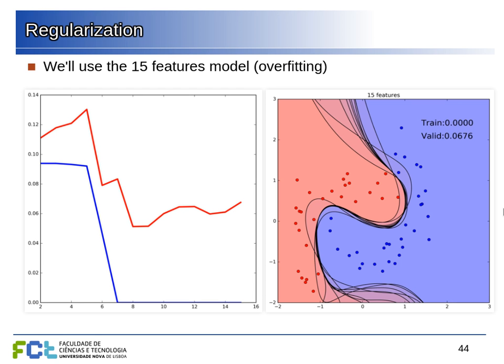So we're going to choose here the 15 features example that we had from before. This has a lot of overfitting, but you see you have an average training error of 0, but we have a high cross-validation error. But now we can reduce the overfitting using regularization.